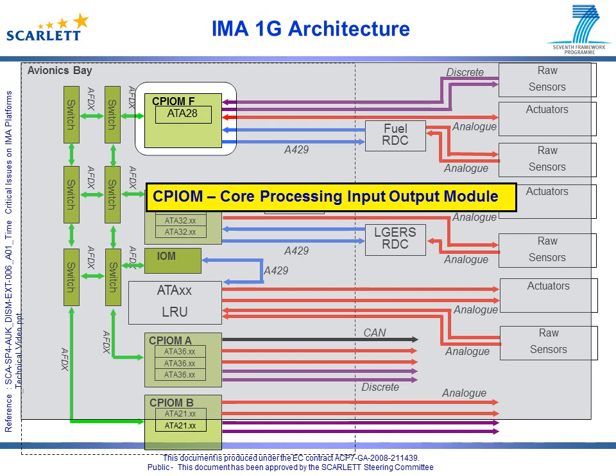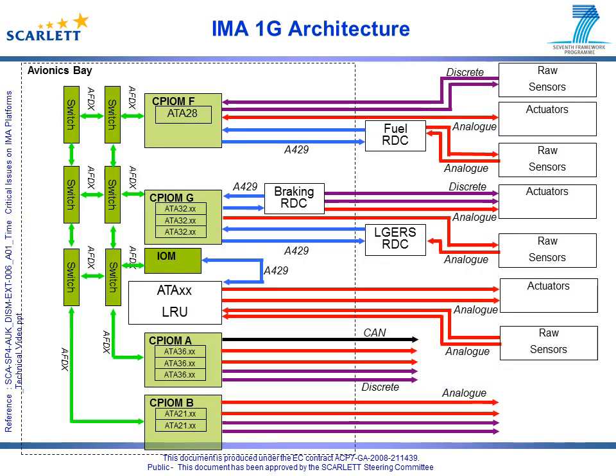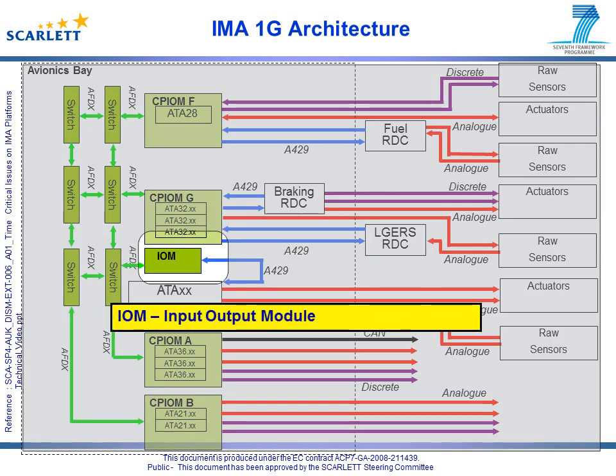The CPIOMs are dedicated to a group of functions, for example fuel, landing gear, with the I/O adapted to the needs of those functions. The next component is the IOM, the Input-Output Module. If a system-specific LRU or sensor actuator was required to be connected to AFDX, a dedicated LRU, the IOM, was required to convert the output to the AFDX standard. As mentioned earlier, the CPIOM and IOM are two examples of the use of common resources on an IMA 1G architecture.